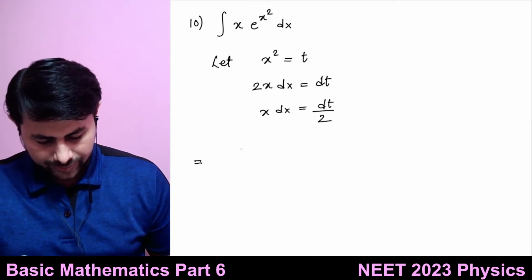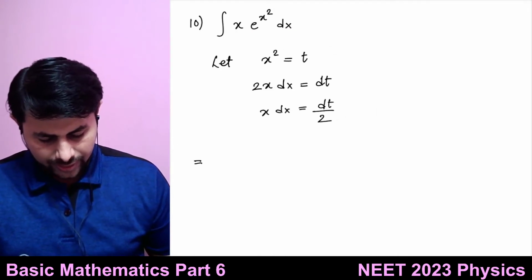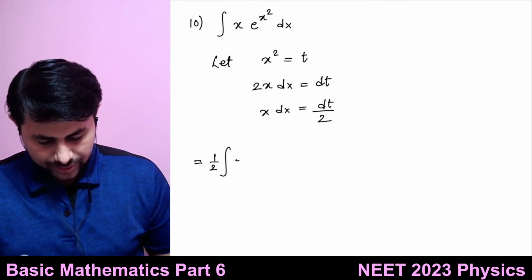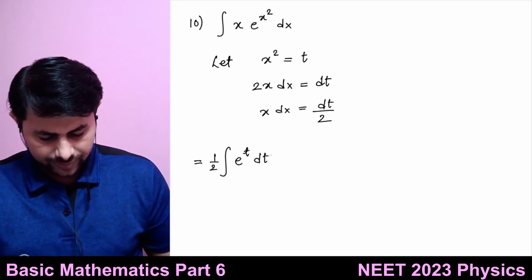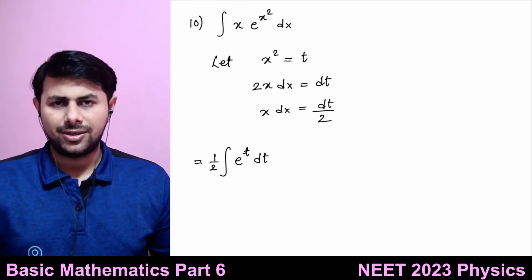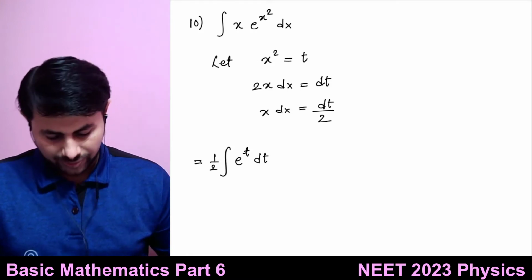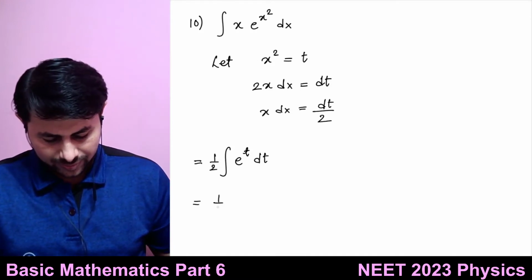So it's equal to what? 1 by 2 I will take out. So it is e raised to t dt. And what is its integral? 1 by 2 into e raised to t plus c.